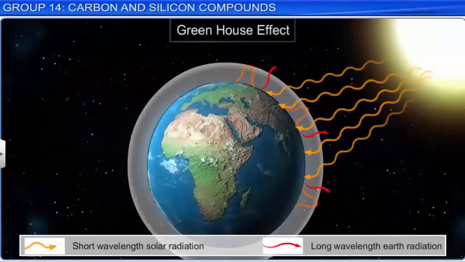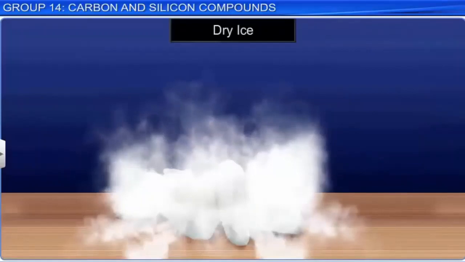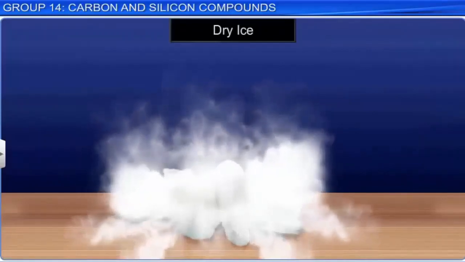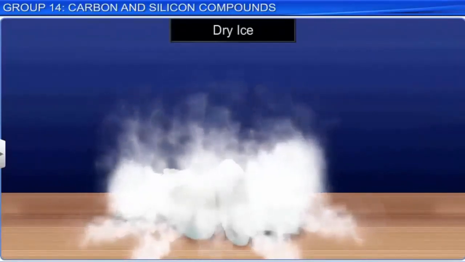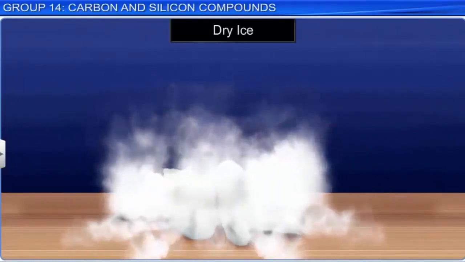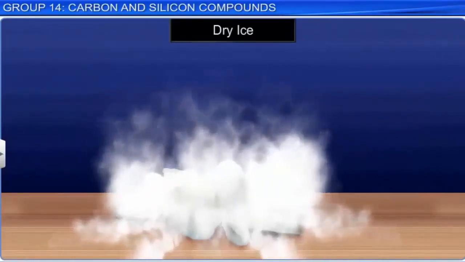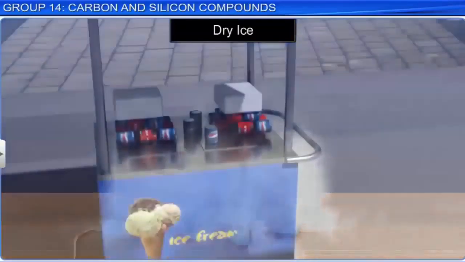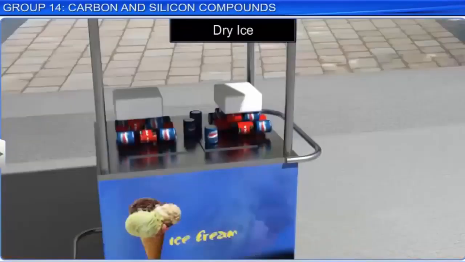Dry ice is the common term for solid carbon dioxide, which can be formed by allowing liquefied carbon dioxide to expand rapidly. It is used as a refrigerant for ice cream and frozen foods. Carbon dioxide has many uses.